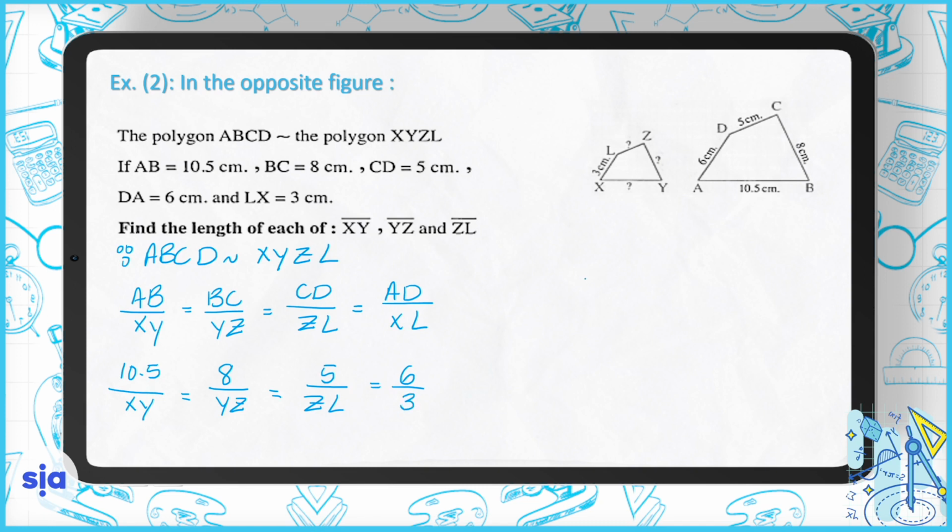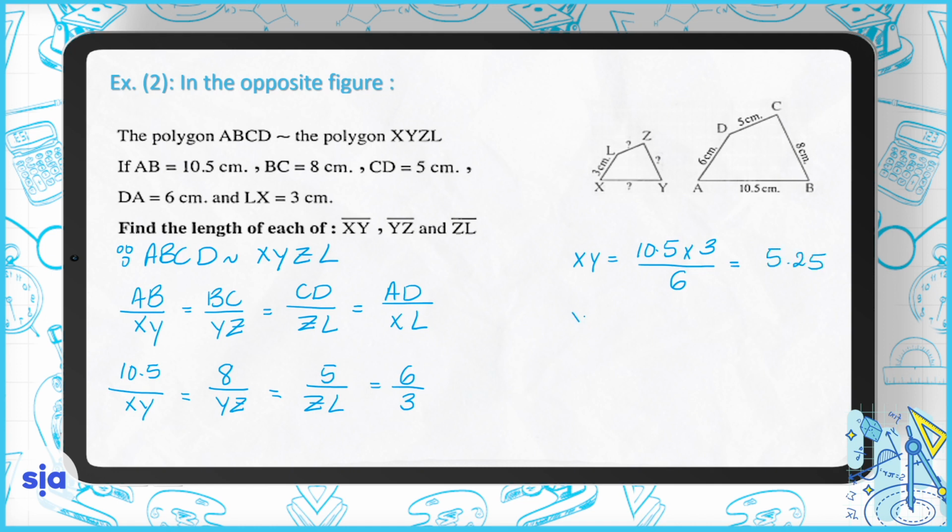To find XY, we do cross multiplication. So XY is 10.5 multiplied by 3 over 6. If you do your calculations, it is 5.25.